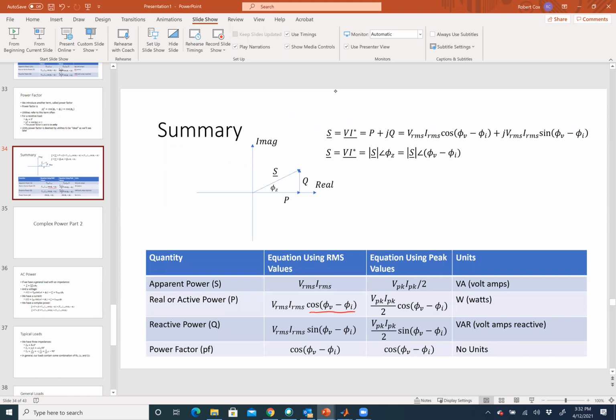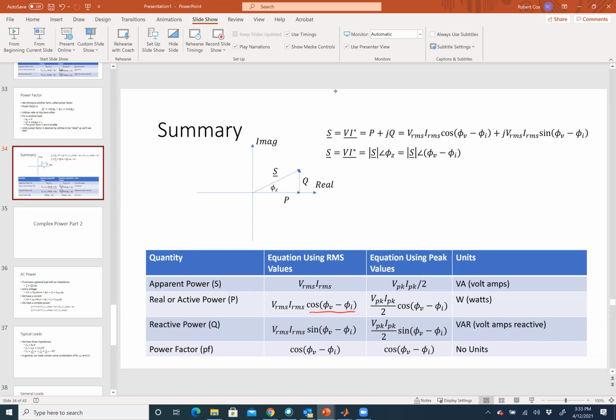Here I've defined the apparent power, the real power, the reactive power, the power factor, and the relationship that the complex power is P plus jQ, and there are the formulas for it. That is also equal to V times I conjugate. With that set of relationships, we primarily have everything we need to solve all these problems.